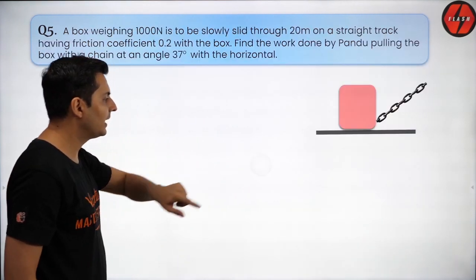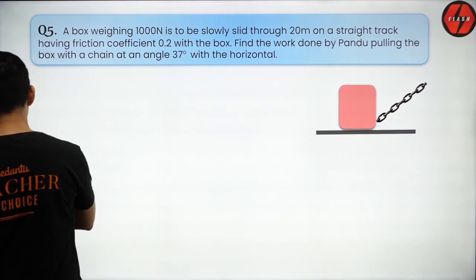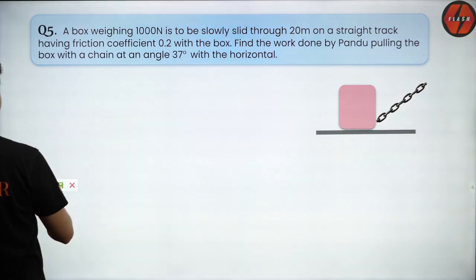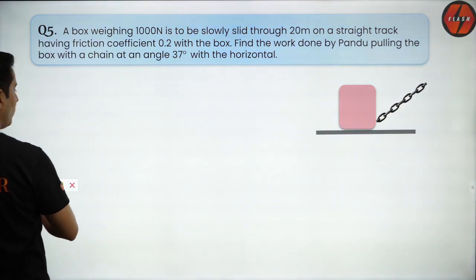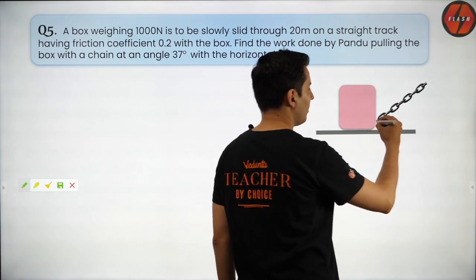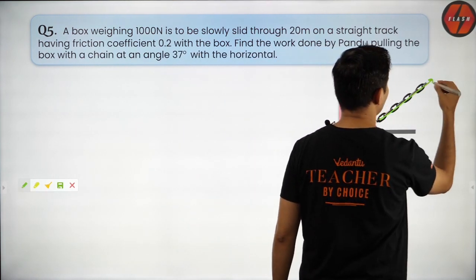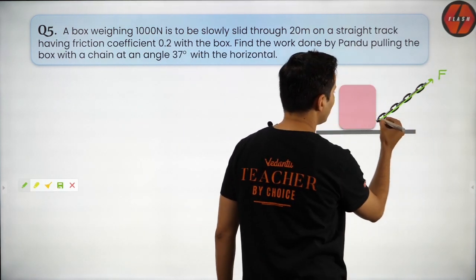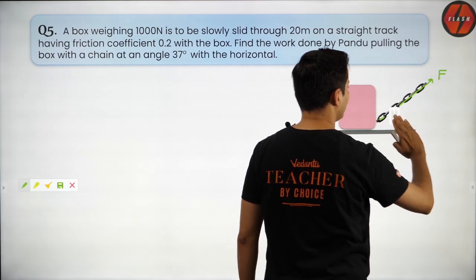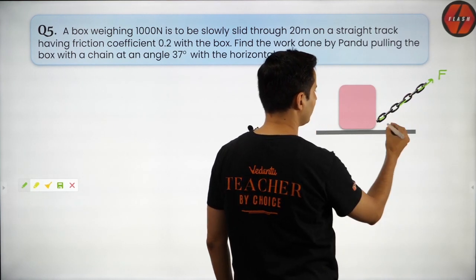Okay, I think it's better we draw free body diagrams and then try to explain all this. So let's try this out. So what are the different forces? Well, one is over here, the force by Pandu, but this force itself, I can divide into 2 components.